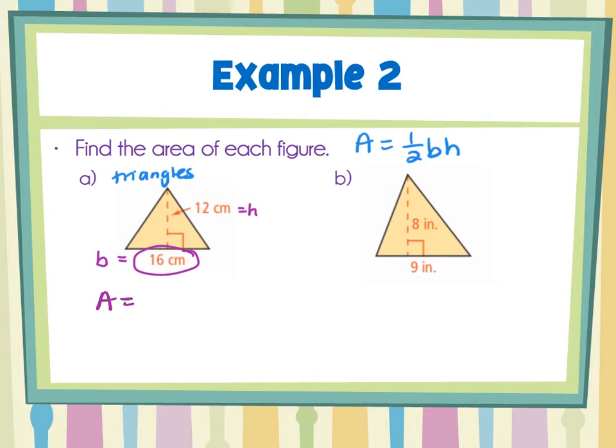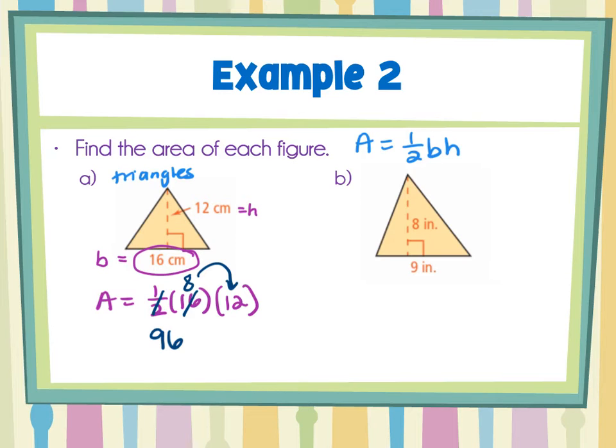So area would equal 1/2 16 times 12. Most of these, I would say you don't need a calculator for. What I can do here is do 1/2 of 16, which is 8, and then multiply 8 times 12. That's 96.